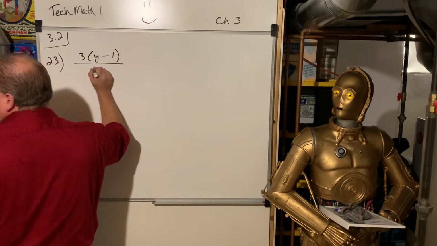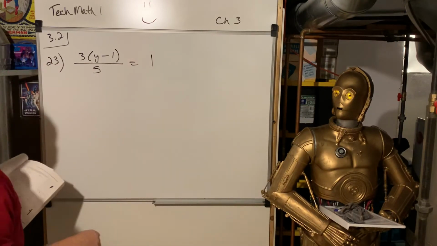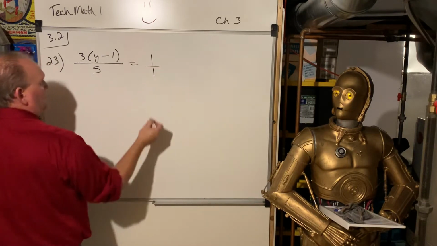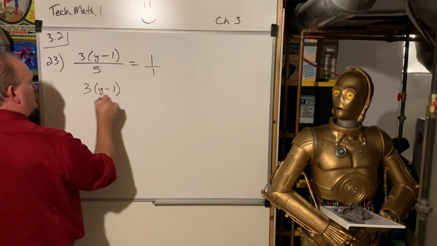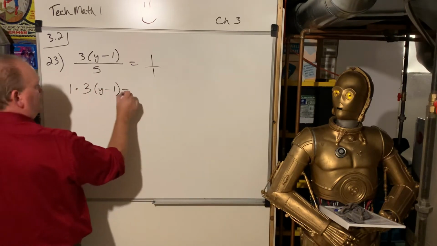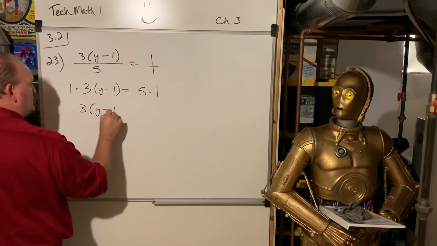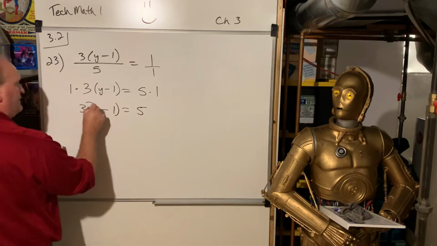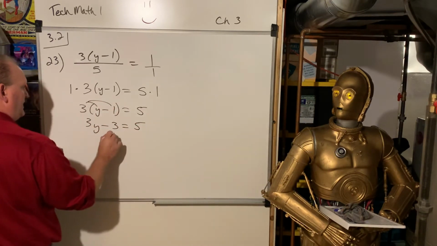They just added one little wrinkle. We have to do the distributive property with the 3 also. So that's going to be over 1. So we cross multiply and solve. So 3y minus 1. It's times 1, but that's just going to be 3. And 5 times 1. So 3 times y minus 1 is equal to 5. 3y minus 3 is equal to 5. Add 3.